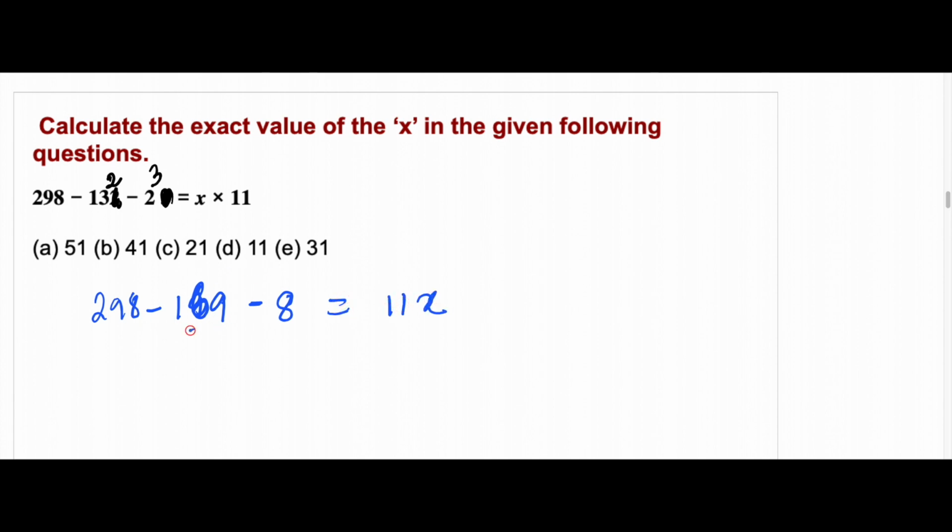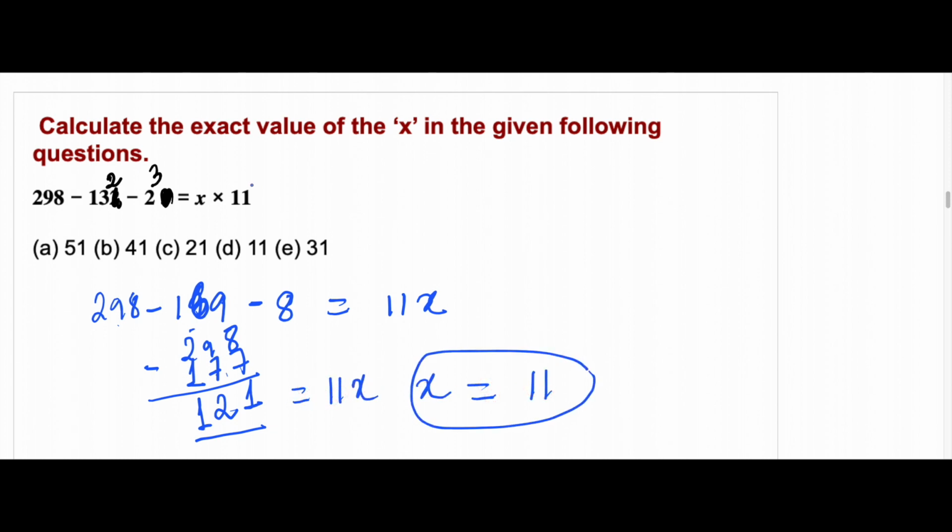So 169 plus 8 is 177. So 298 minus 177 is 121. 121 equals 11x. So x is equal to 11. Why? Because 11 square is 121. Option D is the answer.